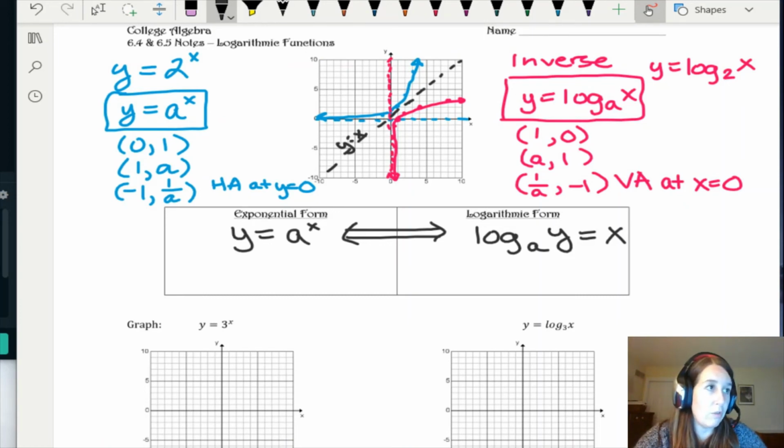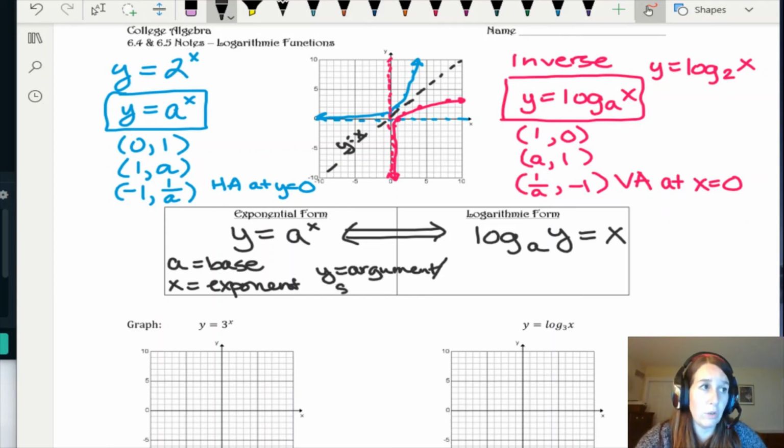So in this form, the a is equal to the base, the x is equal to the exponent, and the y is called the argument, but I've also heard it called the solution, which I kind of like because argument doesn't make a ton of sense in plain English.